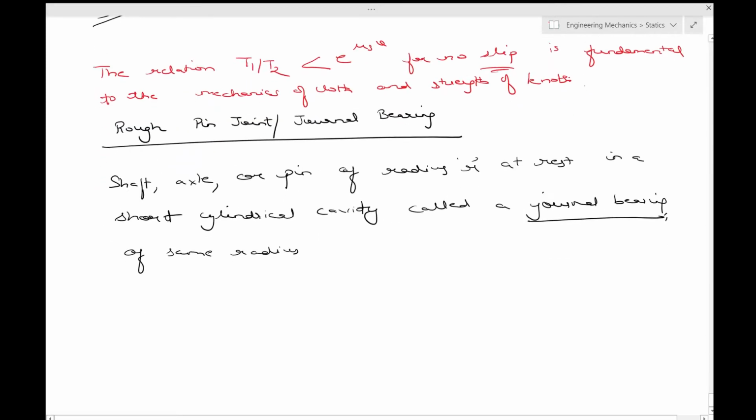So let me show how it looks. This is, say, O. This is the radius of this pin or shaft, r. Say this is i hat, this is j hat, and say this is the force P acting on it.